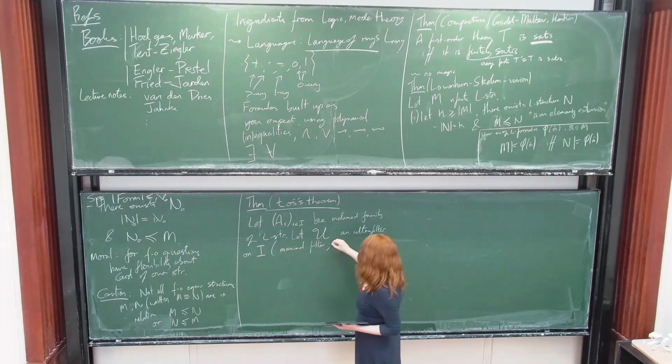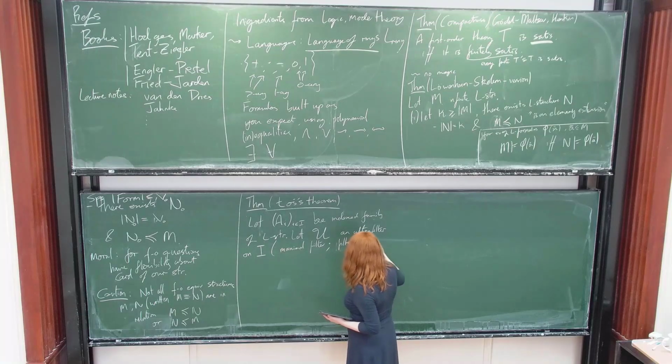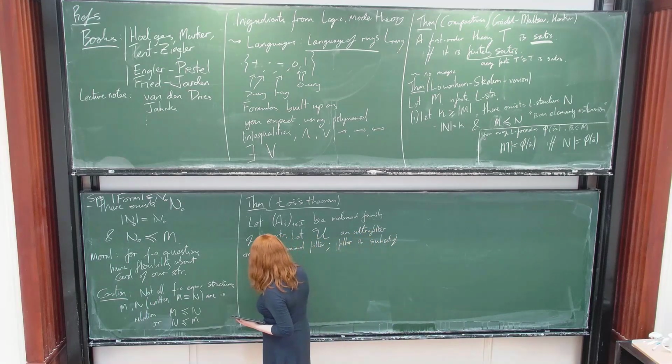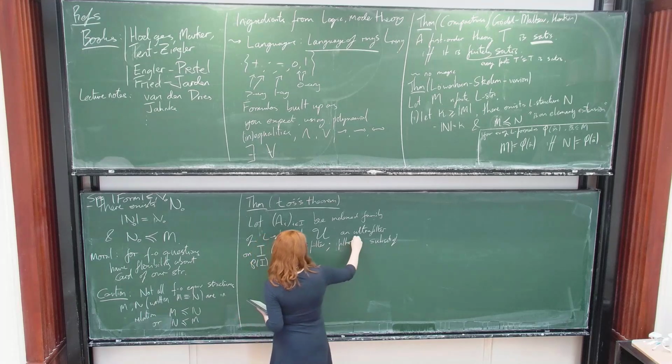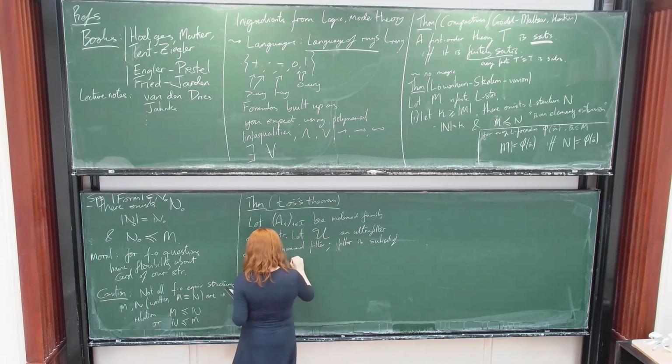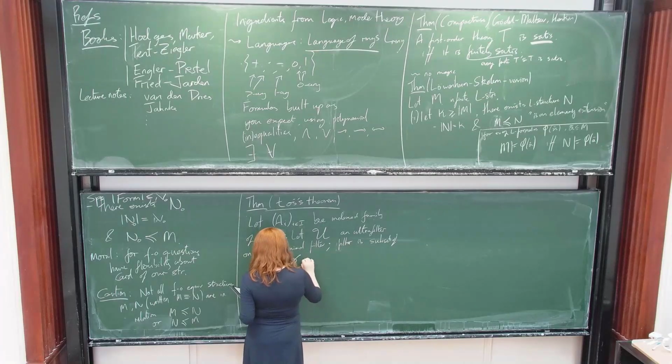Enough. A maximal filter, where a filter is a subset of the power set of I. I'll just say what it means. The empty set is not in there. We're not allowed to use the empty set.